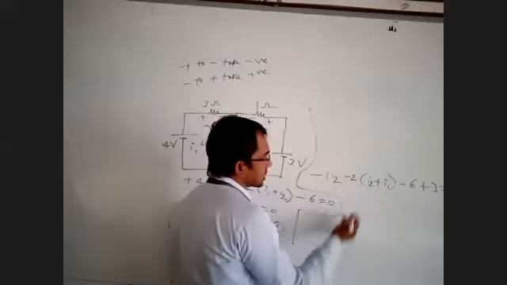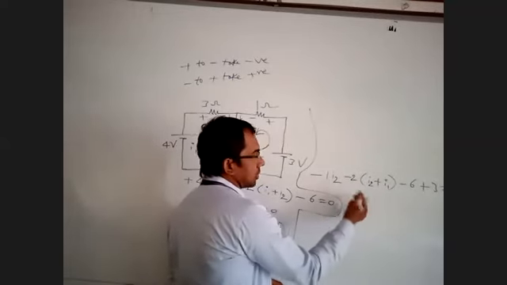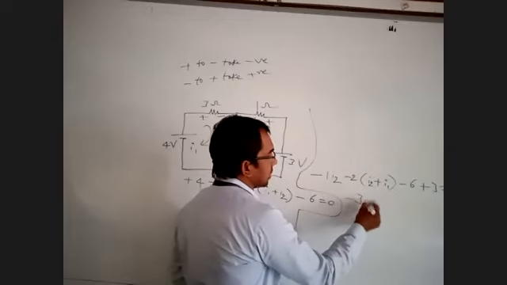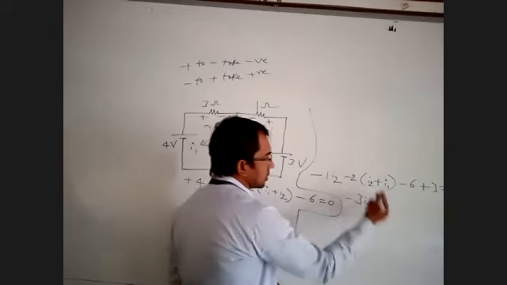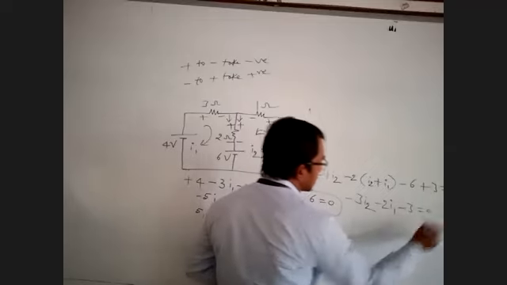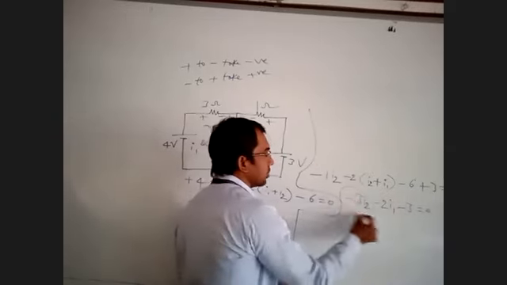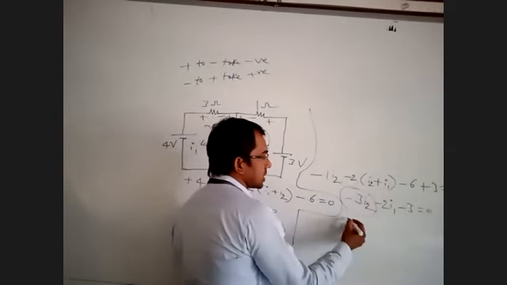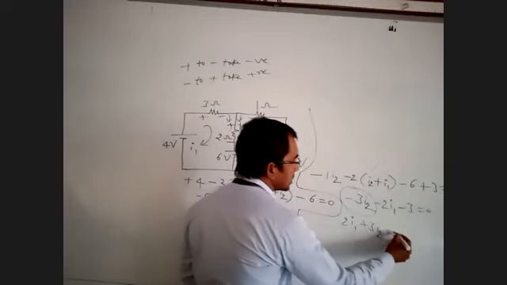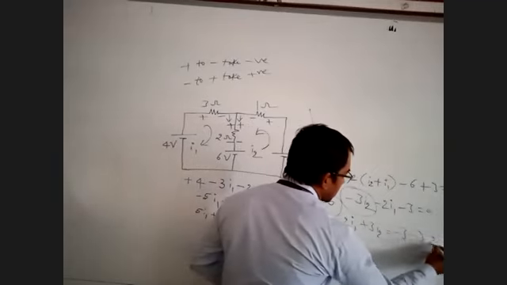Now simplify this. Minus 2 I2 minus 1 I2, that is minus 3 I2, minus 2 I1, plus 3 is equal to 0. In the second loop, make I2 positive. That is 2 I1 plus 3 I2 is equal to minus 1.